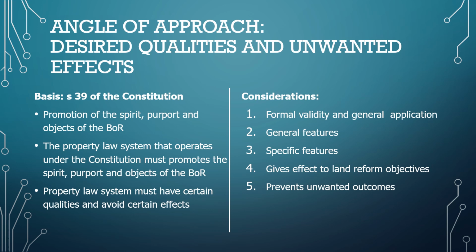All right, so then lastly, a property system should ensure that legislation gives effect to the following reformative goals in the Constitution. So the fourth consideration there is that the provision or the legislation or the source must give effect to land reform objectives or at the least not infringe on or hamper land reform objectives. So what are these land reform objectives?